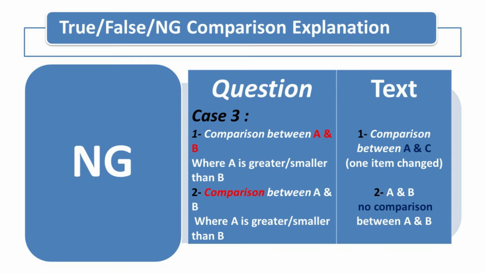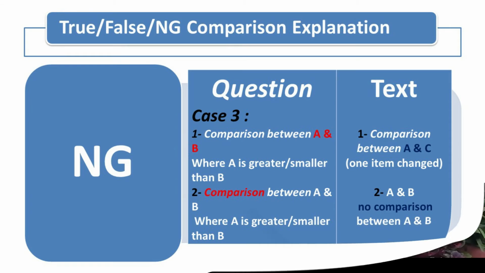But when you read the text, you find out that the comparison between A and B that was given in the question is actually not present in the text. So in the text, both items are the same as the question, but there is no comparison between them. So as a result, your answer is going to be not given.